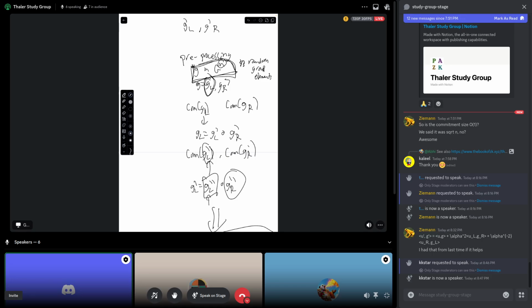Yeah, I'll just say one more sentence about how to think of it. If I want to apply Dory to polynomials of size at most n, what I will do is I will use a PRG to generate n random group elements. Then I will run this pre-processing procedure that compresses those n random group elements down to just 2 log n group elements, which are no longer fully random, right?